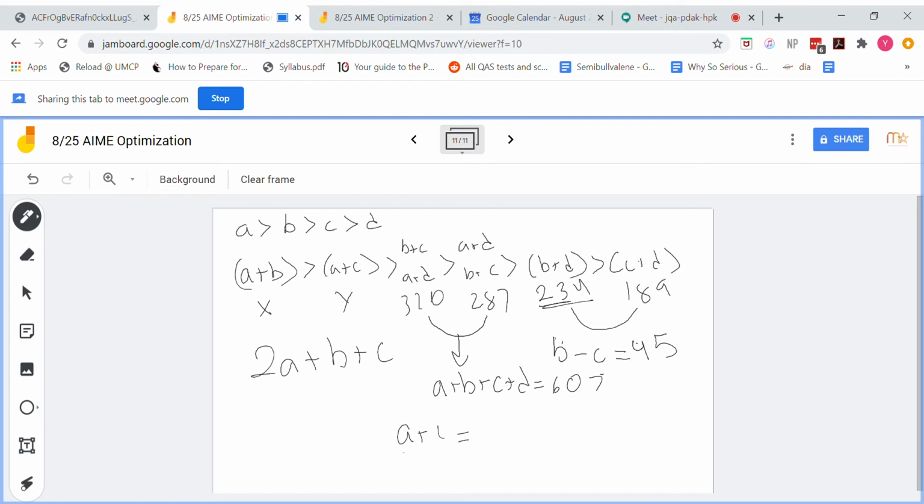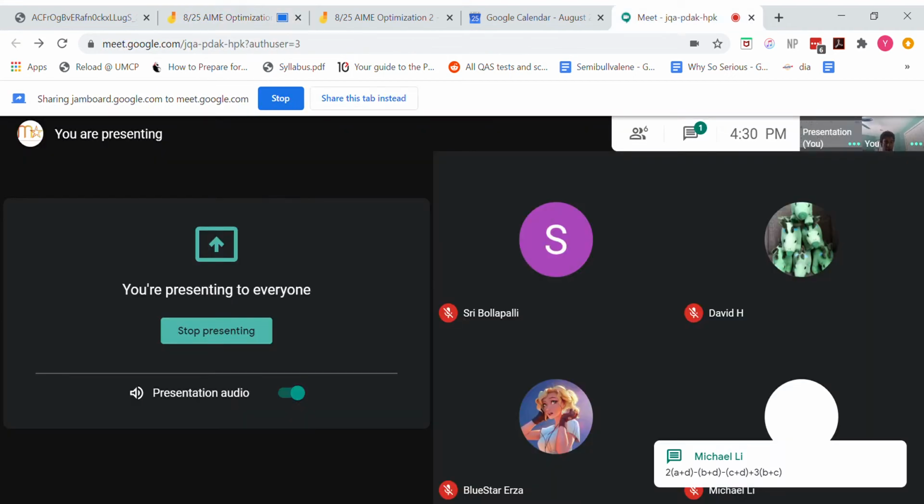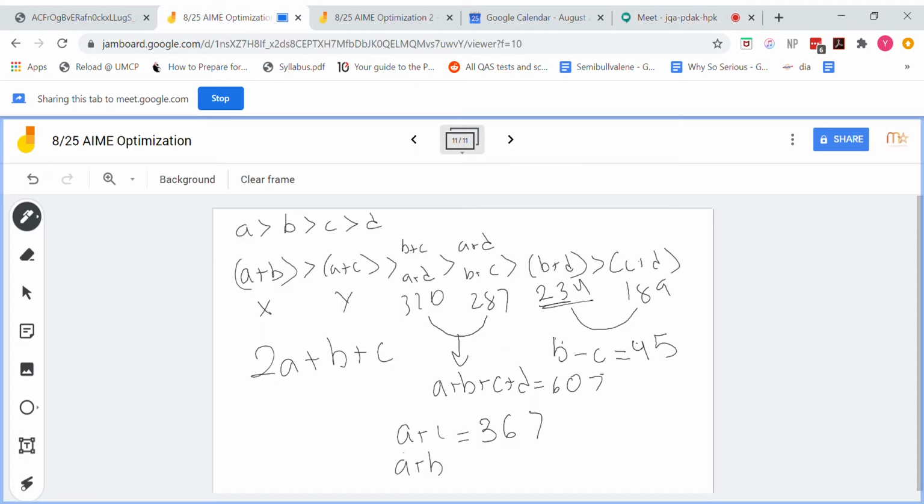So 607 minus 234 is 367. And then we also know that a plus b is 45 more than that, which comes out to be 412. And so we can add these together to get 789. And so that is our answer, right?